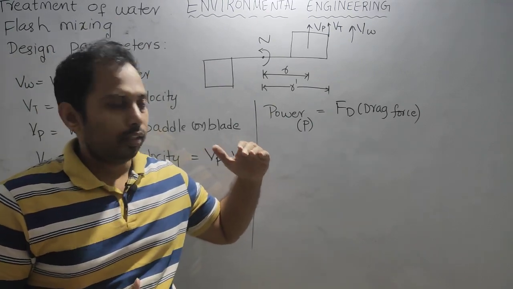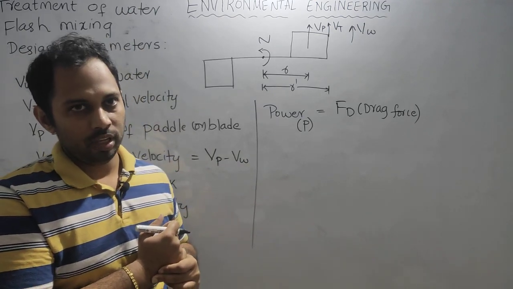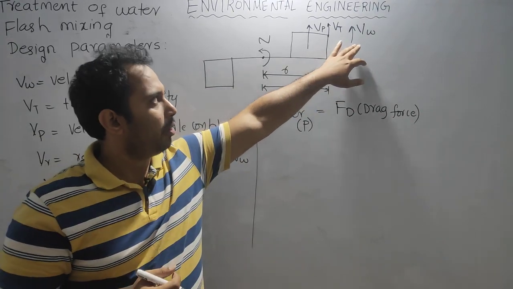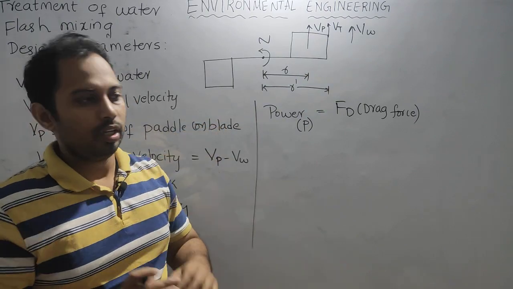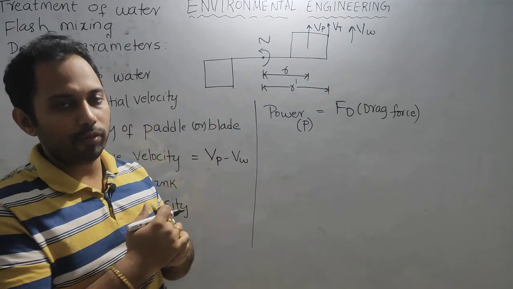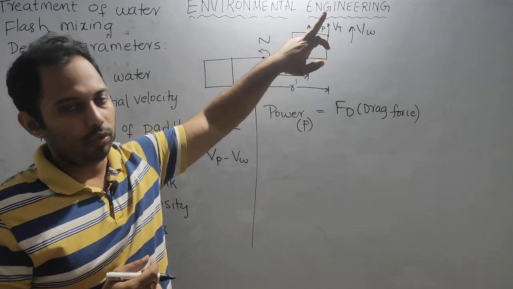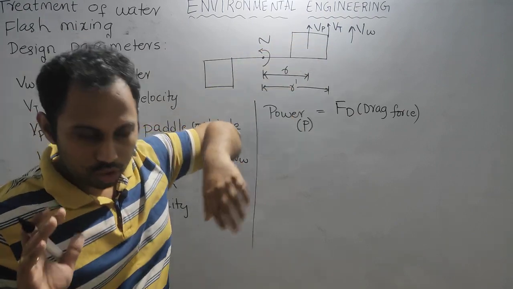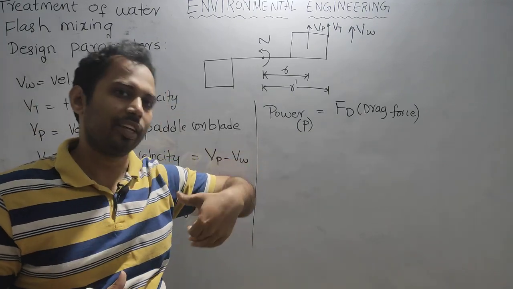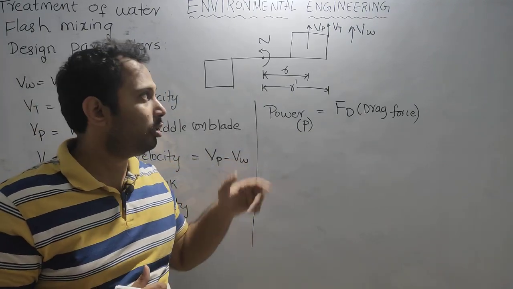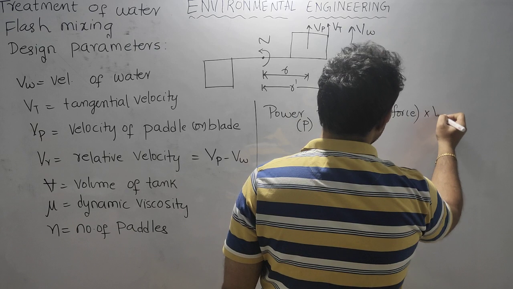Because of this drag force, velocity is generated in water, that velocity being Vw, but the paddle is also moving along with the water. The system is rotating with a relative velocity. If you look at the whole system, the paddle is also moving in the direction of water, and water is ahead of the paddle. So both are moving like a system, and we need to take the relative velocity of the system, that is Vr. So power is equal to FD into Vr.